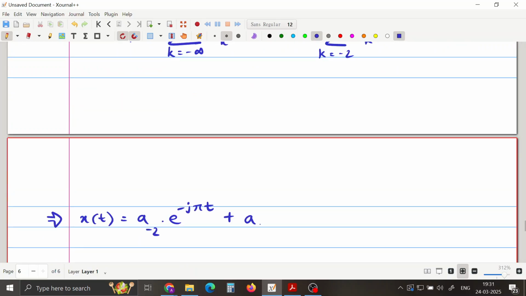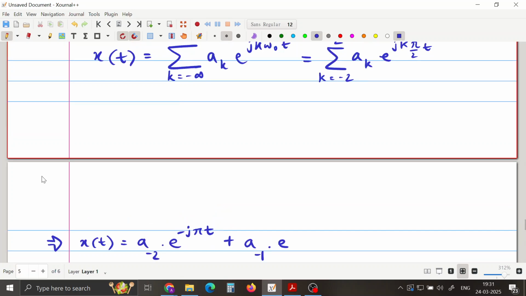Plus a minus 1 into e power minus j pi by 2 into t. And for a0 I'll just have a0, because the e power jk term will be equal to 1, because I'm putting k equals 0.